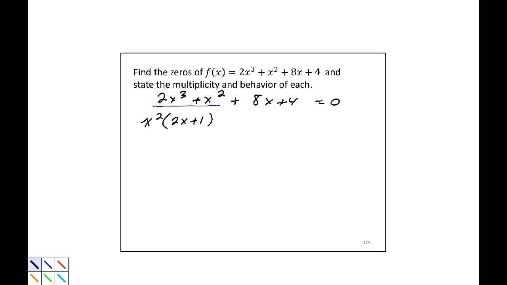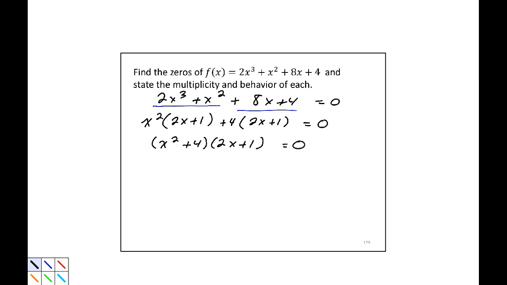So x squared times 2x plus 1. And the second two, we could factor out a positive 4, which would leave us with a 2x plus 1. So this is going to factor as x squared plus 4 times 2x plus 1.